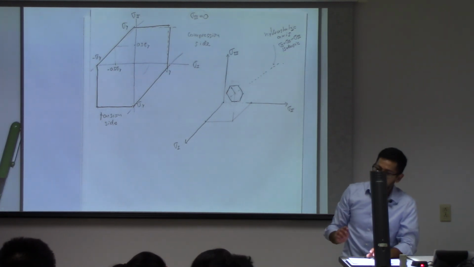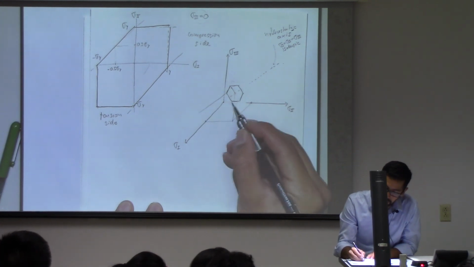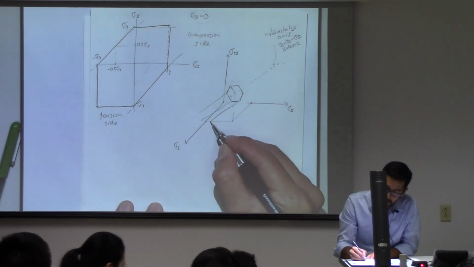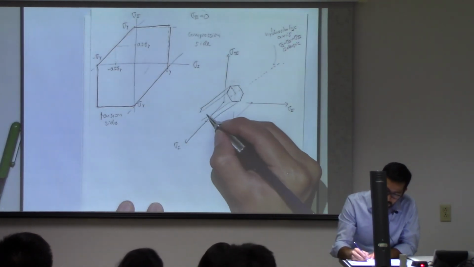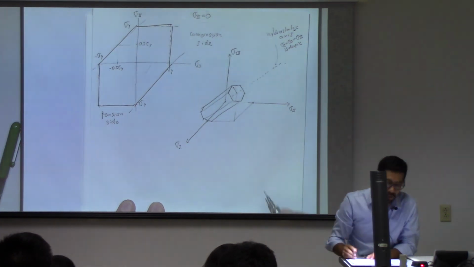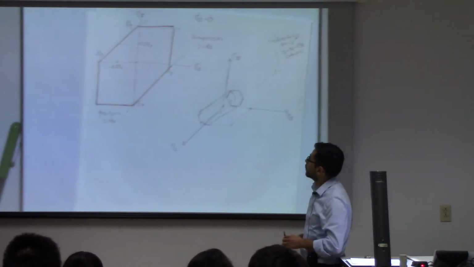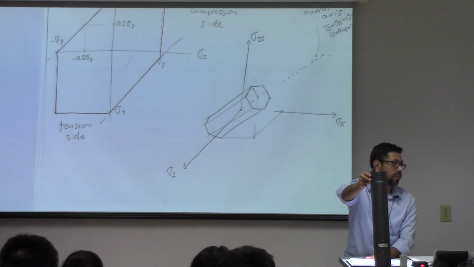The Tresca criterion is going to be this prismatic element which results as kind of an extrusion of an hexagon in 3 dimensions. Is the cross-sectional area of that hexagonal prism going to vary with how far along the hydrostatic axis?